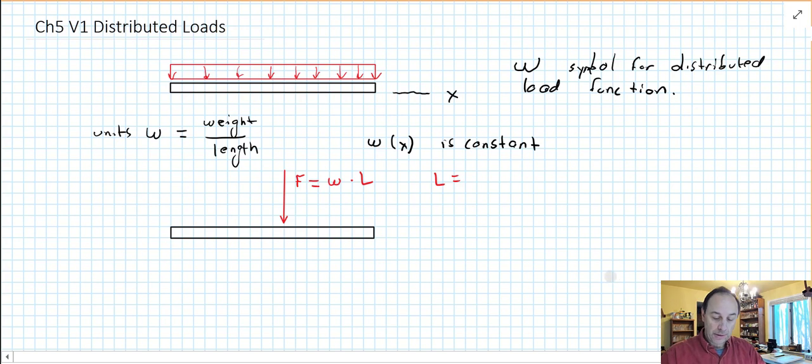L equals the length of that beam. Okay, now we talked about that before, and I think you got that.